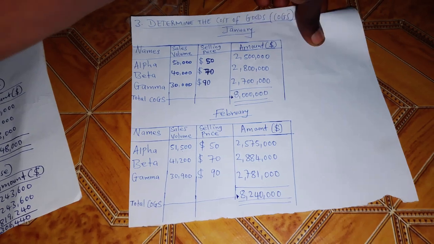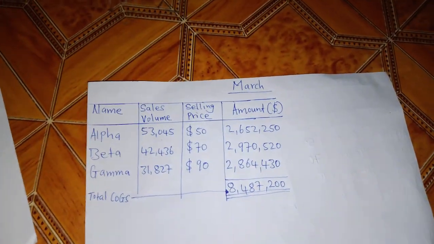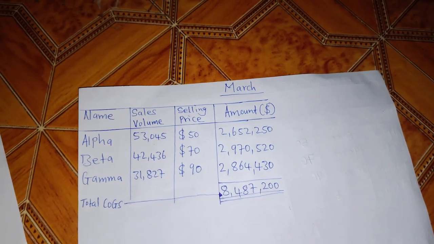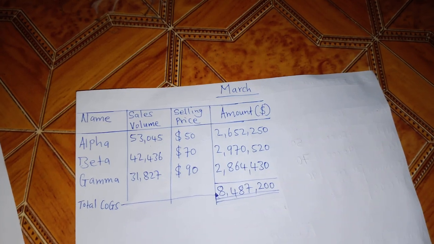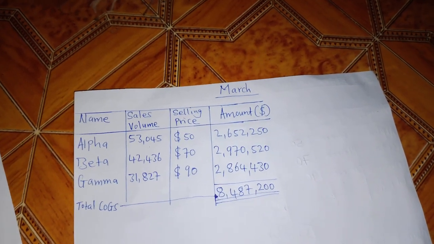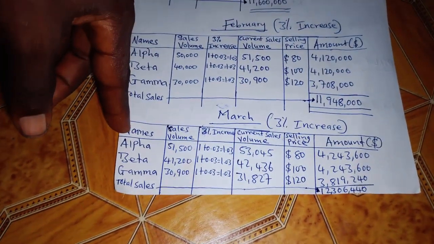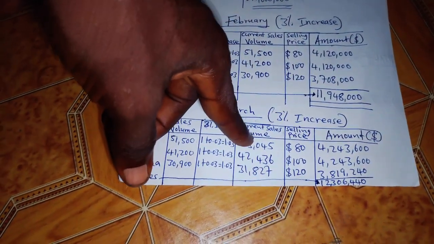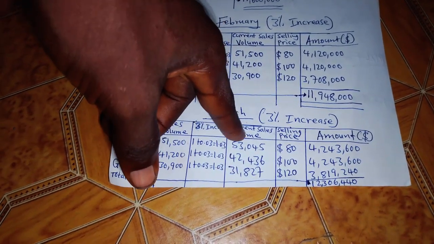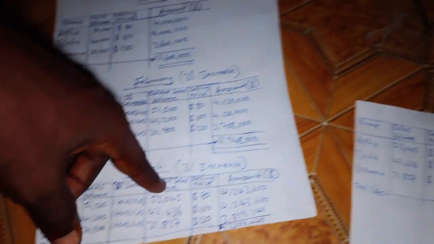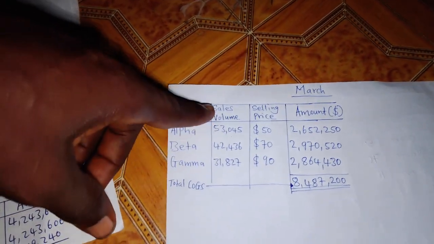Let's look at March. When we solve for the sales budget for each month under March, there is an increase. So we come to March. Under March, the current sales volumes, as you can see them, are what we take and bring here when preparing our COGS for March.